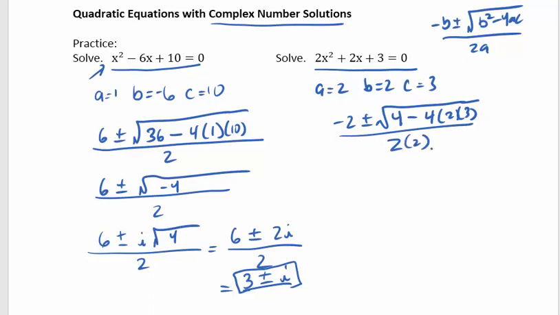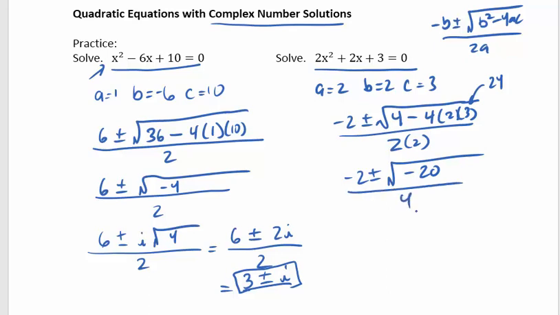Alright, let's see how this one simplifies. So -2 plus or minus the square root. Let's see what this is. So that's 4 times 2 is 8. 8 times 3 is 24. So we're looking at 24 in there. So I have 4 minus 24. Well, that's going to give me a negative 20 in there, all over 4.